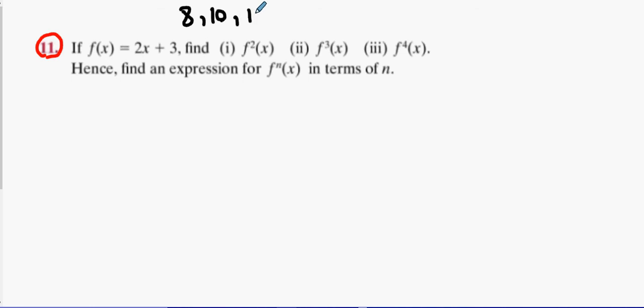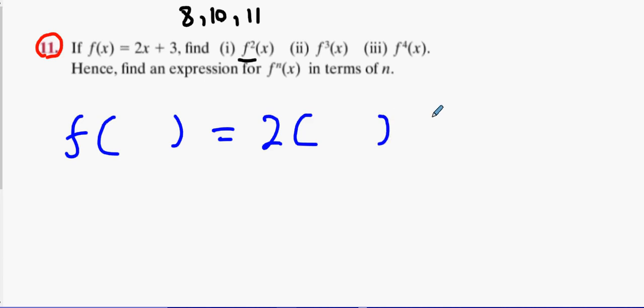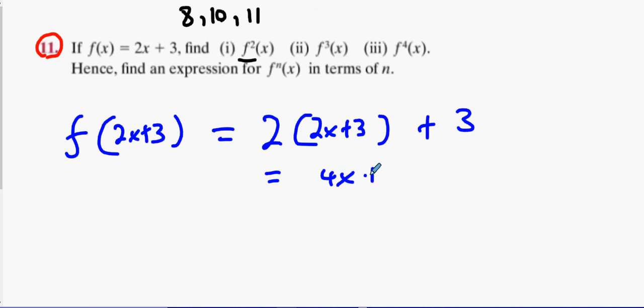Now on to 11. Do the f function twice. So f blank equals, this seems quite monotonous. Twice will give me 4x plus 9, is that correct? 3 times will be do it one more time, isn't it?